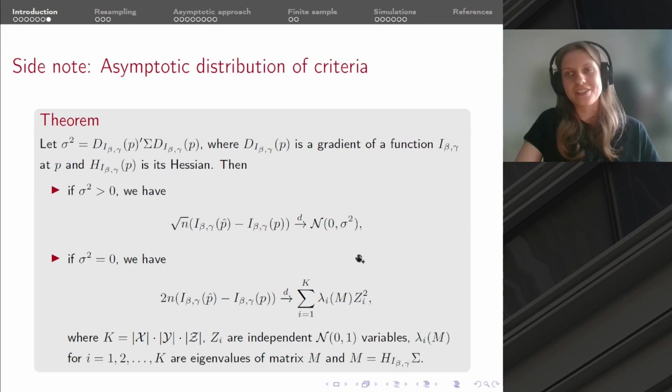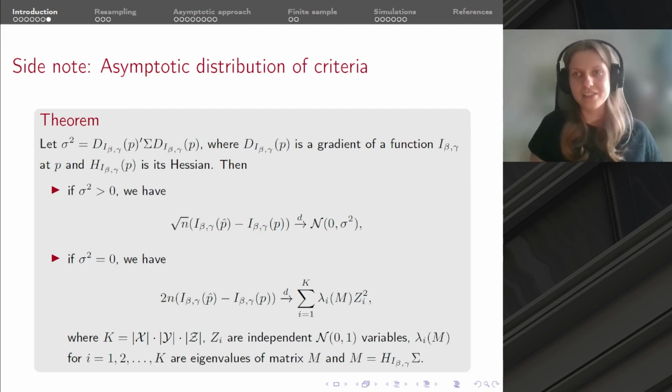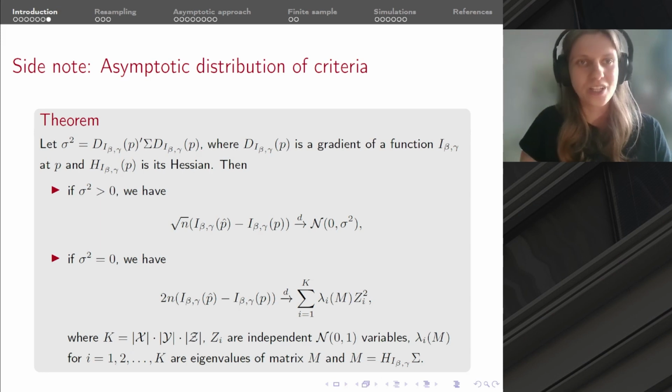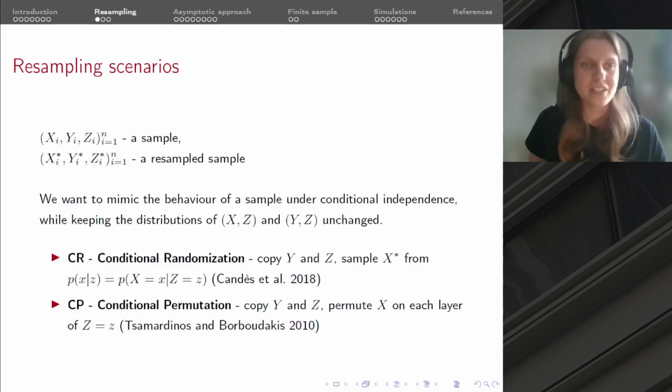And this is the second reason why we want to use resampling. I won't show you the results for the criteria later, but this is just the justification for looking into these methods.